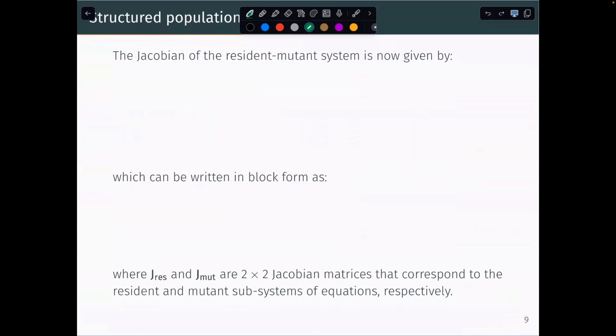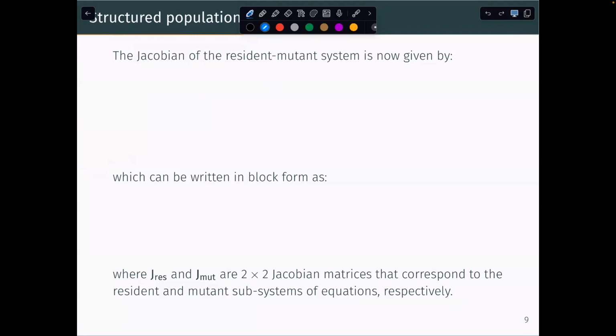So we started off with two equations, but now we've got four ODEs. And we want to essentially analyze the stability of that resident equilibrium. We did this before when there was just one equation for the resident and one for the mutant. Now we're doing two equations for the resident, two for the mutant. But essentially what we're doing is the same thing. We're just seeing whether a small perturbation away from that, which is our mutant, can invade, and therefore whether that resident equilibrium is stable.